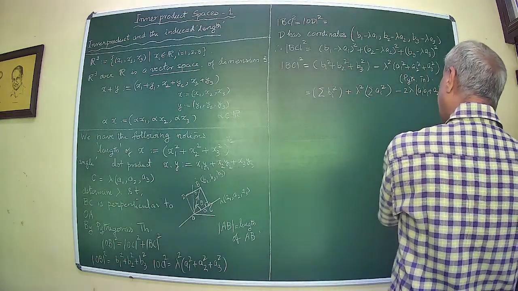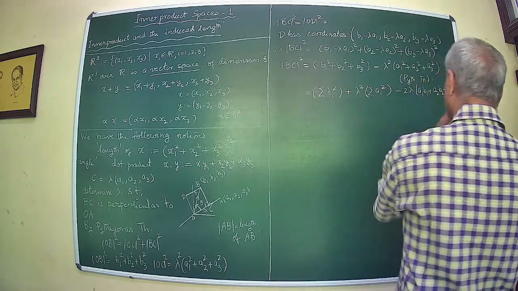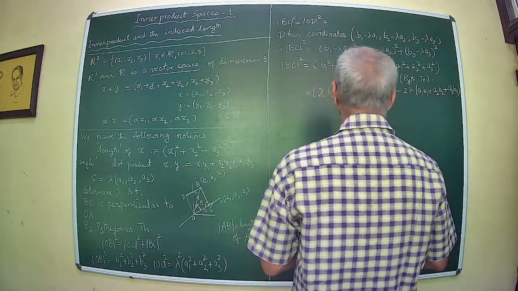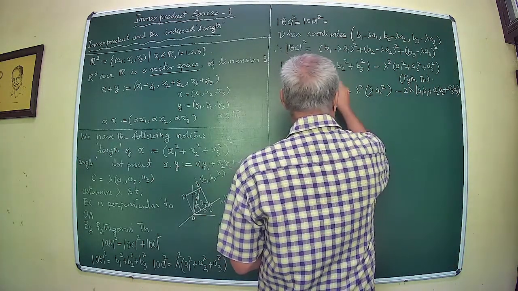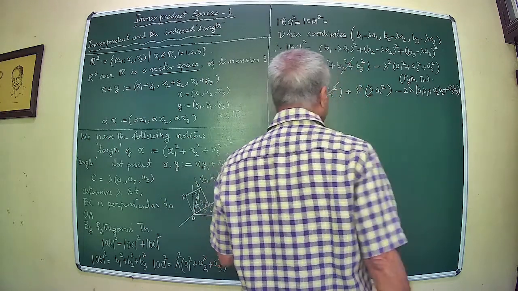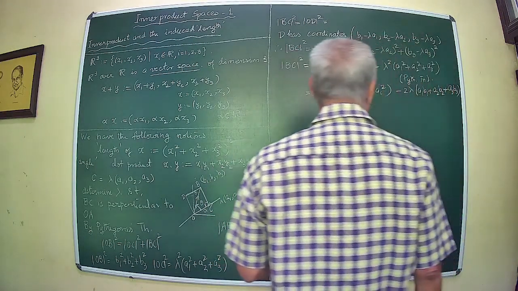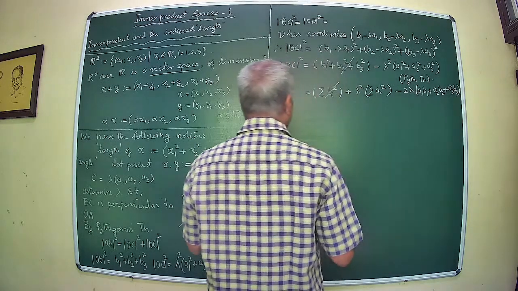If you equate these two, this is what you obtain. They cancel, this and this cancel, and you end up with lambda square.